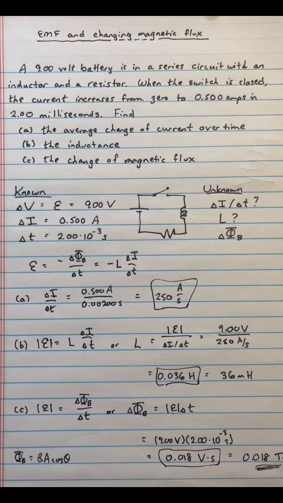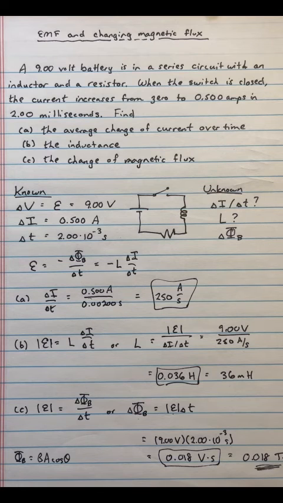But the couple of lessons that come out of this example: one is that a change of magnetic flux will give you an EMF, or turn it around, an EMF or voltage can be used to create a magnetic change, specifically of magnetic flux. Now notice it's change of magnetic flux, not magnetic flux.